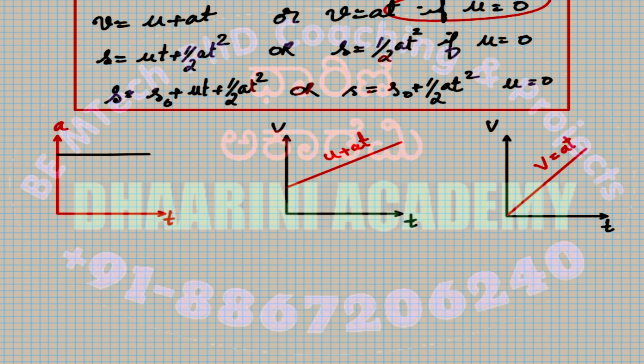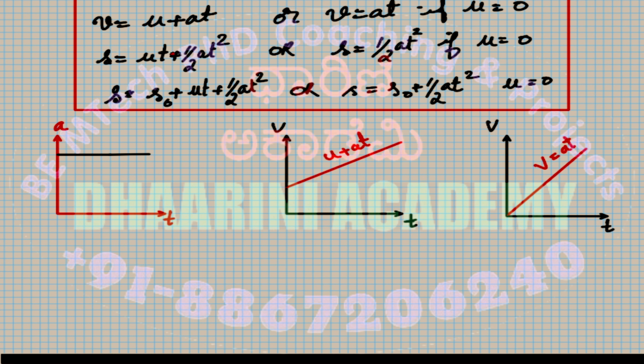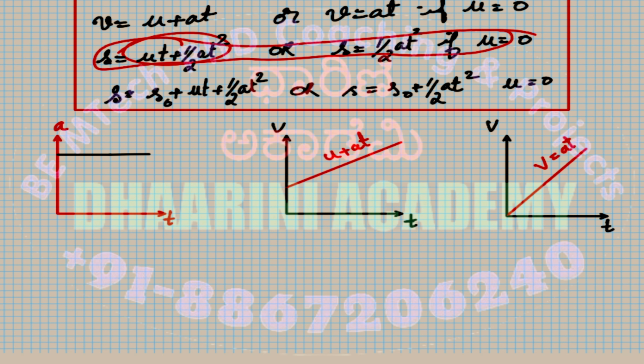Moving further, we are trying to write the S graph now, right? For S, you can have ut plus half at square. When the time is equal to 0, this is also going to start from 0 itself. Even if u is 0, it's half at square, but still it starts from 0. So both these curves will start from 0.